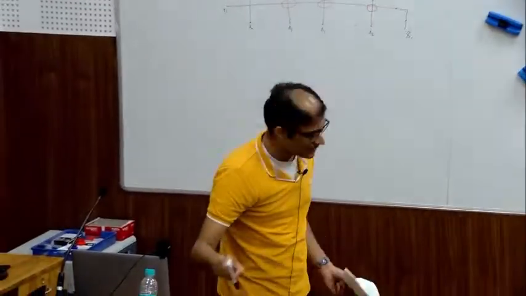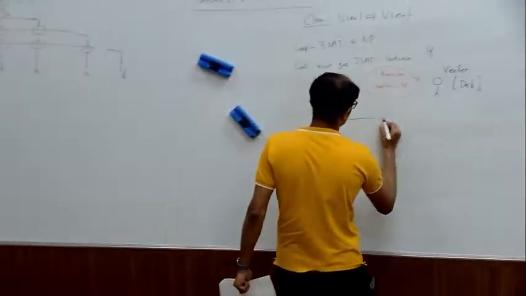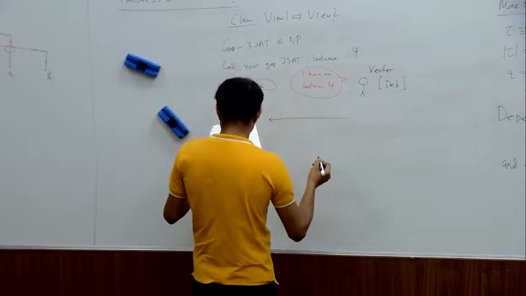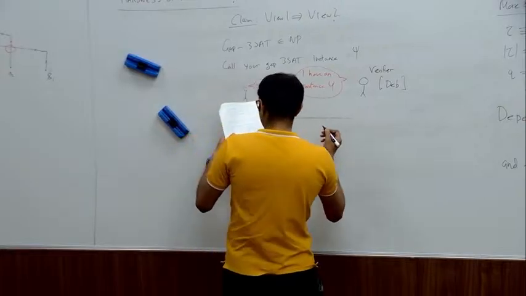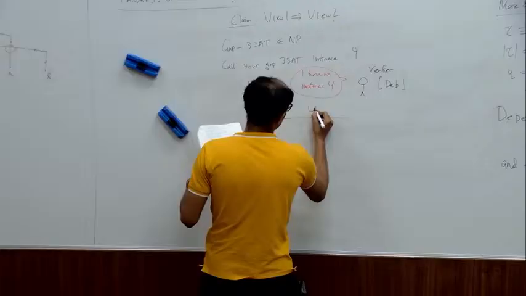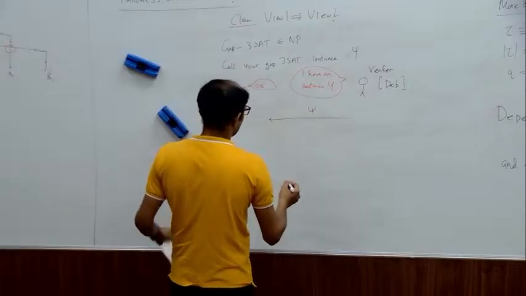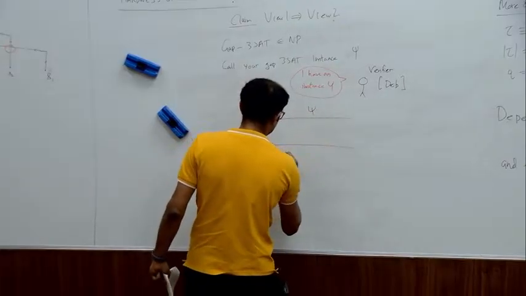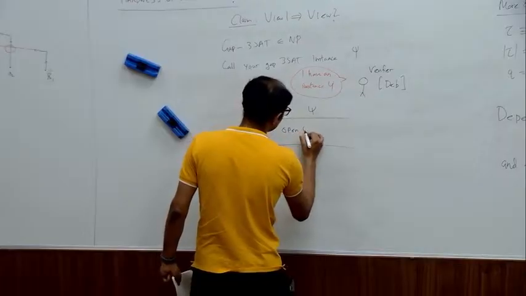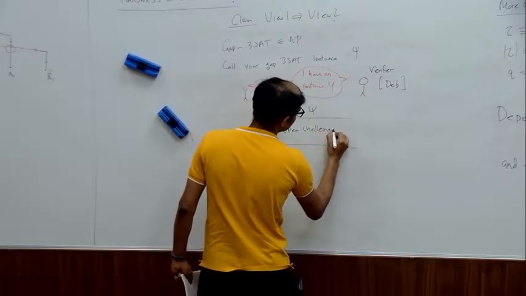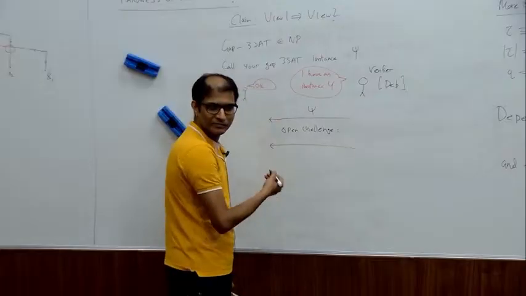Now the conversation begins. The verifier sends over the instance psi and then issues a challenge, an open challenge. So he's pretty brave.